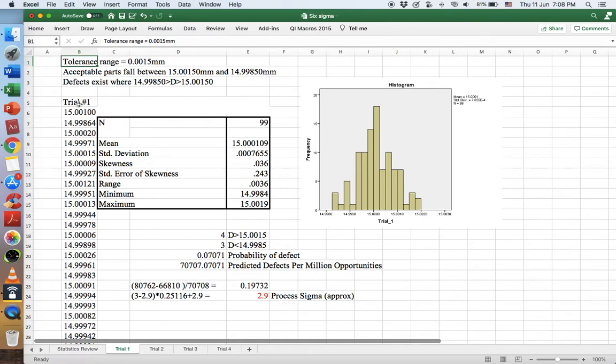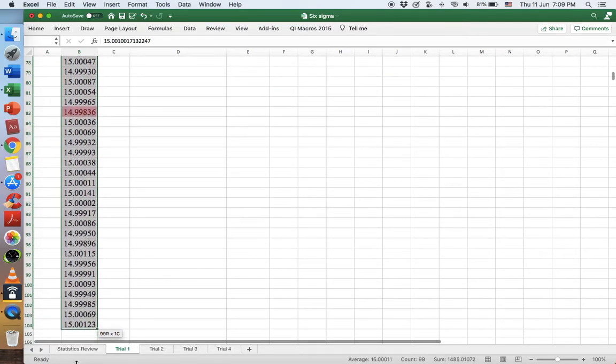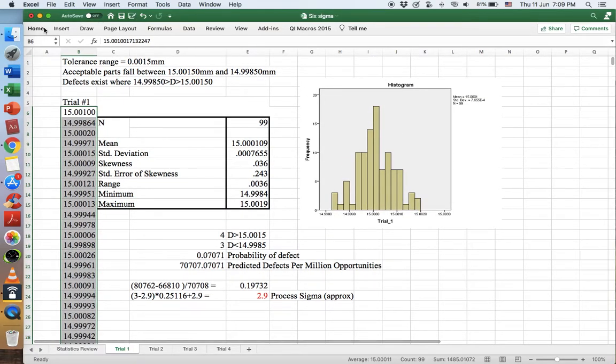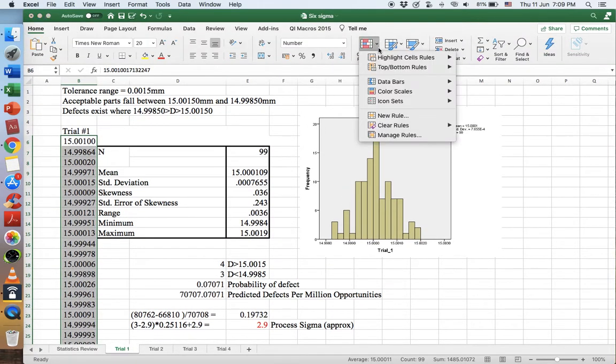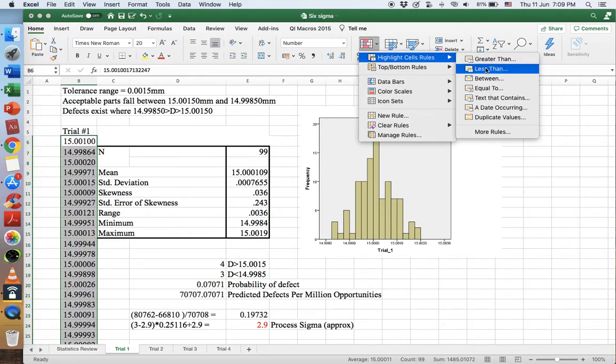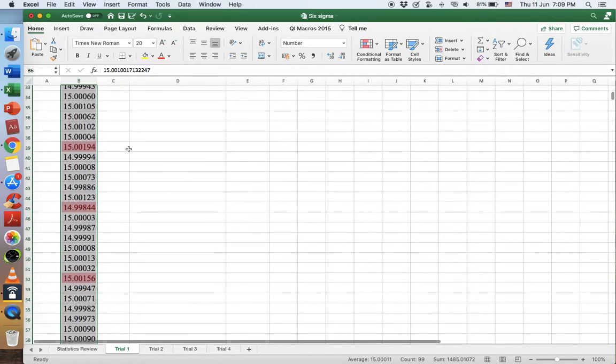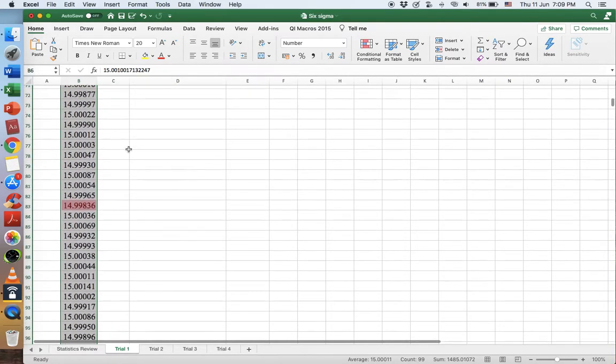We're developing this product, and we start a test run, right? We put our machines together and create X number of products. We take a sample, and here's our sample. I've used conditional formatting to highlight values greater than and less than our tolerance levels, to show which of these products are defects.